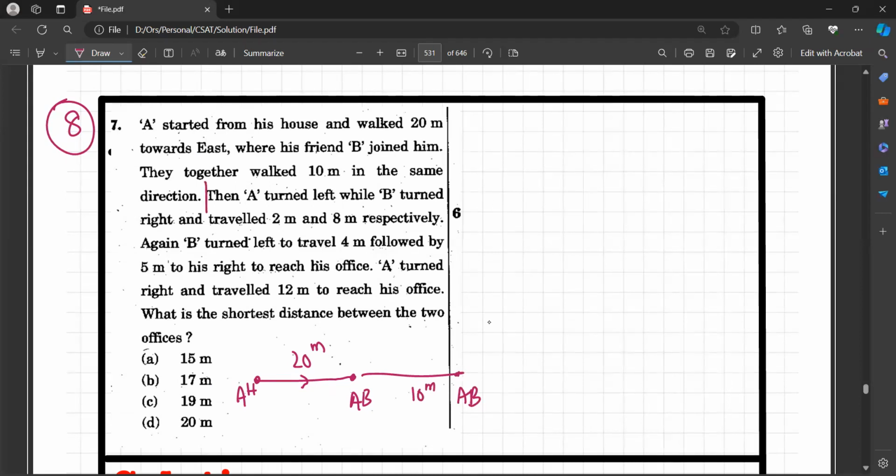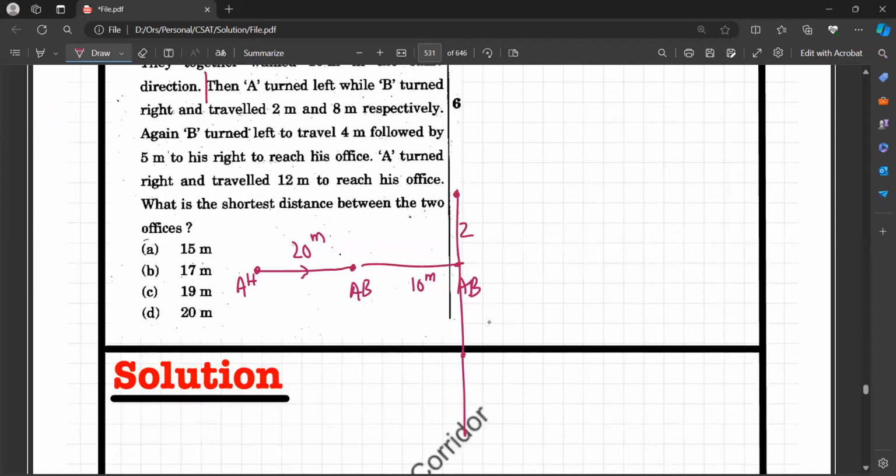A takes a left turn while B turns right. A takes a left turn, goes here. B takes a right turn, comes here. They travel 2 meters and 8 meters respectively. So B goes 8 meters. Again B turns left and travels 4 meters, so left will be this side.